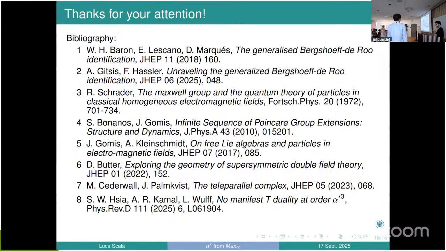As far as I understand, in O(D,D) it is not possible due to the no-go theorem you recently showed. It's connected to my question. It's not clear to me why it should be possible here if it's not possible in the generalized geometry. We still have to check. So till now we just showed that there is room for additional corrections, and they come at the right level in which they should appear in string theory.